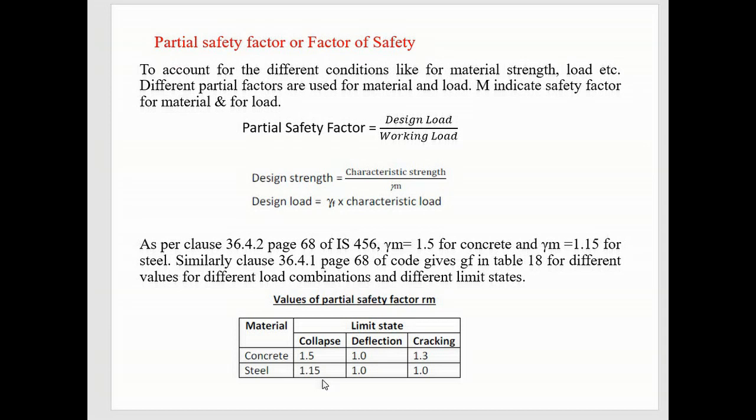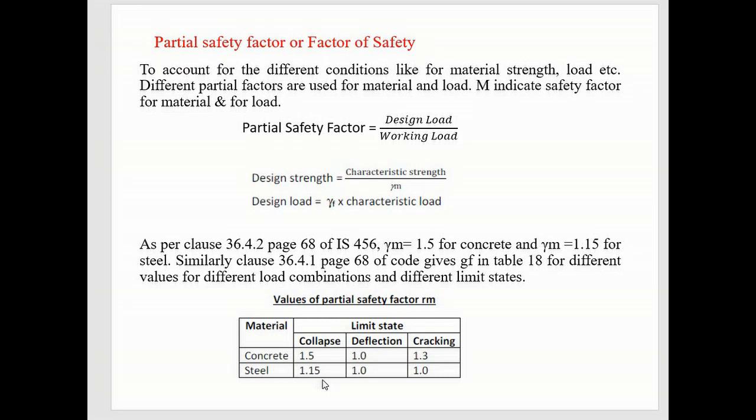These are general things, but if we want to know more about this factor of safety, first of all, these factors will be considered for the loads or materials, and it is also for different load characteristics. If we are designing any structural element, we need to take some partial safety factor for the working load.